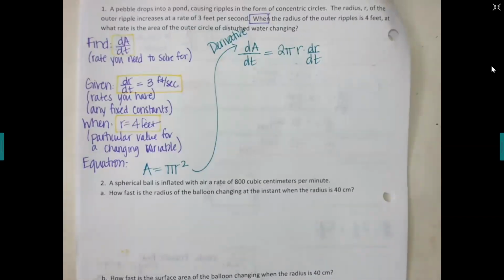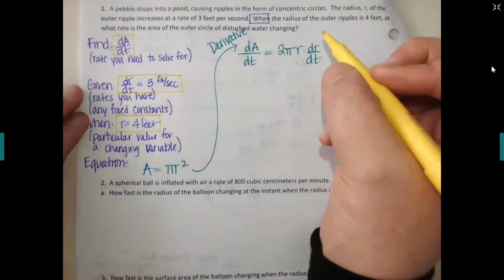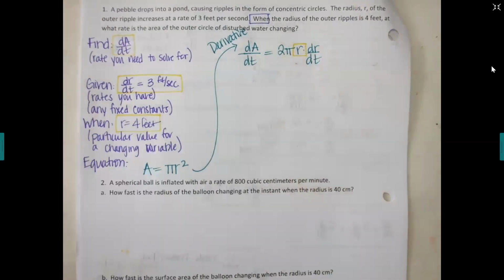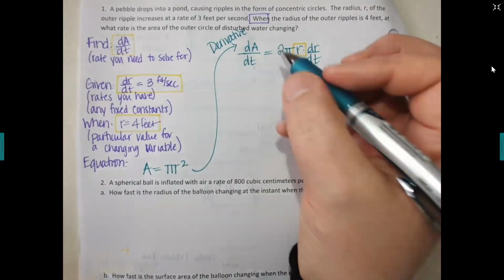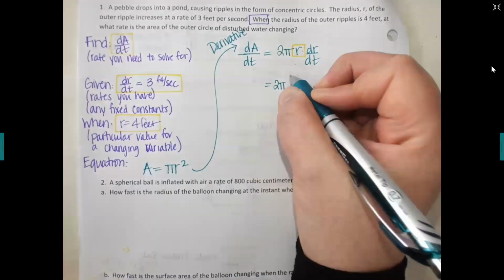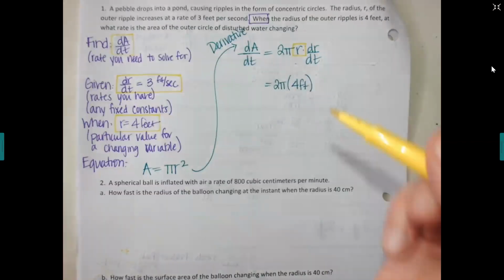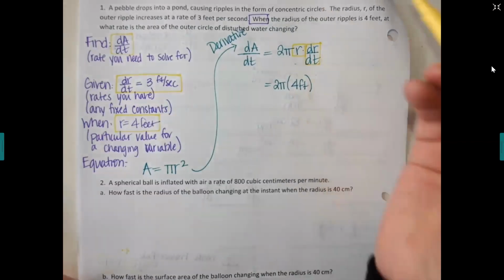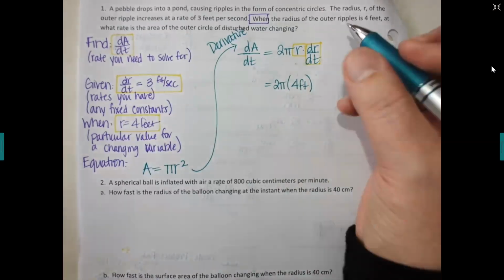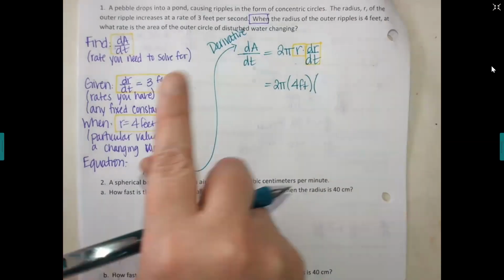Then from here, we're just plugging stuff in. Now, for the first few examples, I'm going to include the units, and then eventually we're going to stop doing that. So what is my radius including units? Feet. Very good. So I'm going to have 2 pi times 4 feet. What is my dr/dt including the units? 3 feet per second.